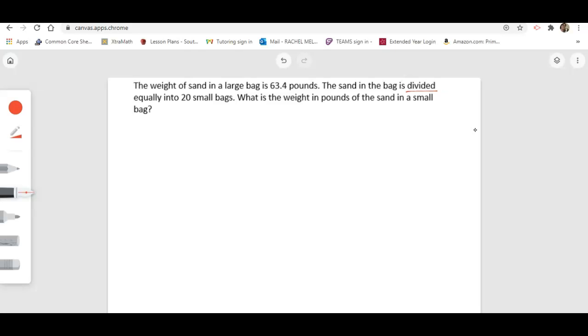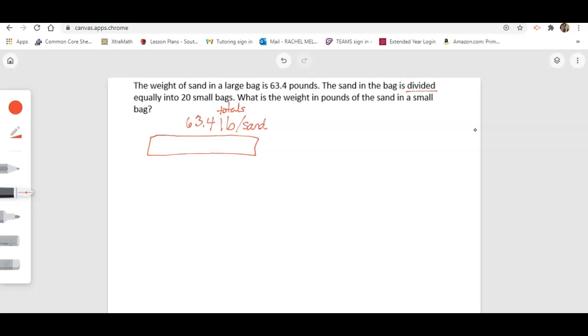What is the weight in pounds of the sand in a small bag? All right, so here's our large bag. They're telling us in this large bag is 63 4/10 pounds. I'm going to say total pounds of sand.